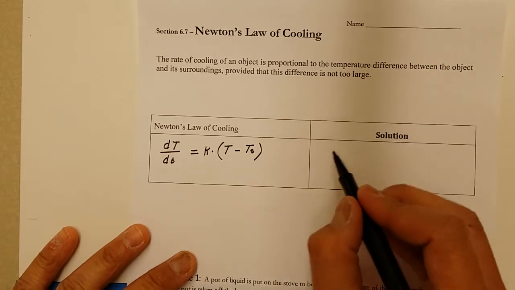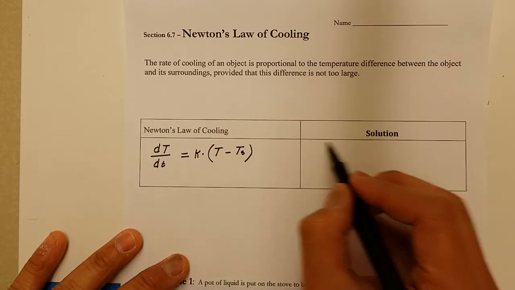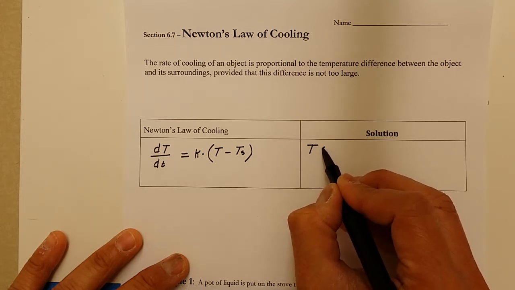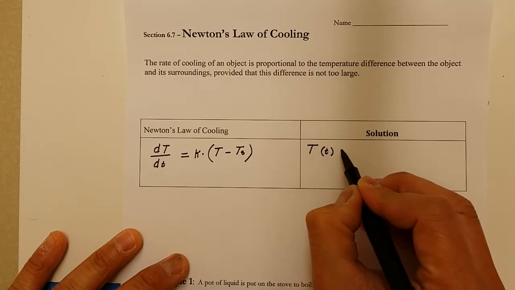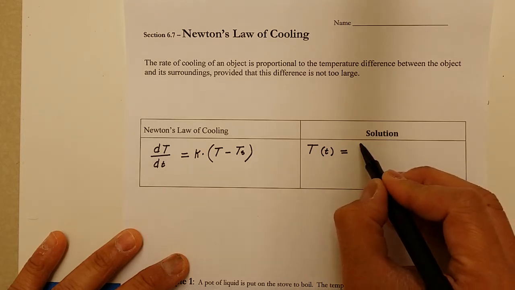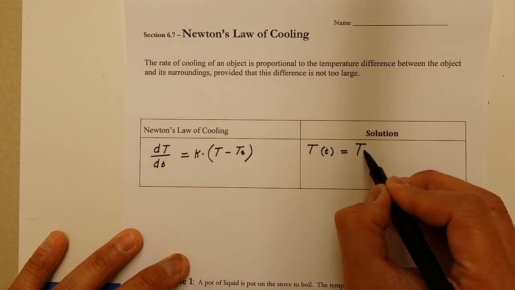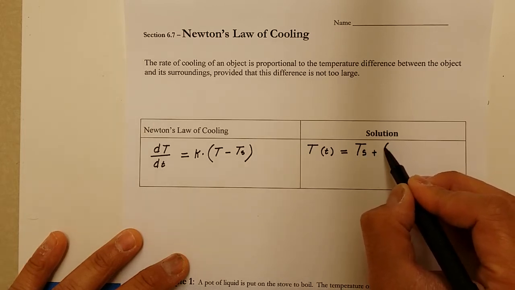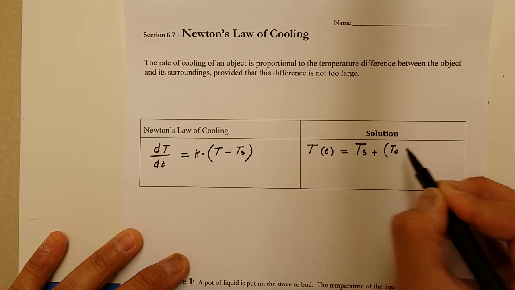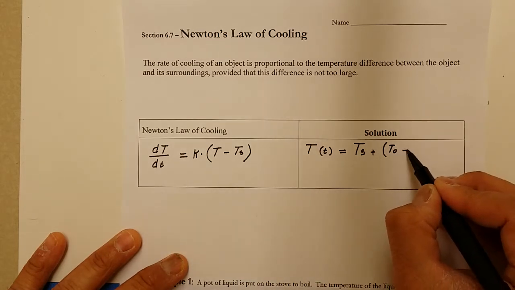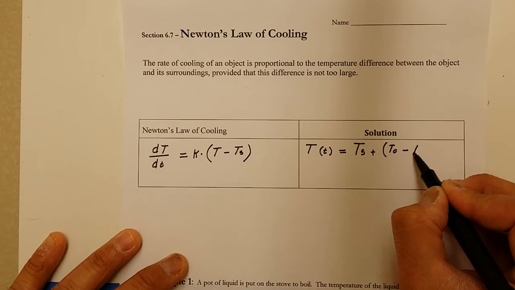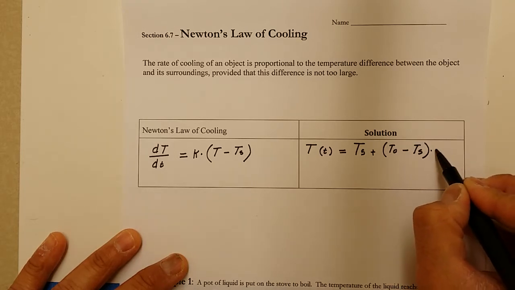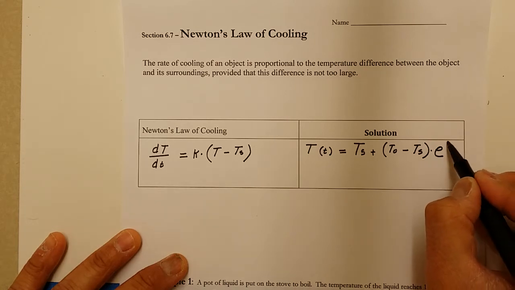And the solution, the current temperature at any time, can be found by taking the surrounding temperature plus the initial temperature minus the surrounding temperature again, all multiplied by e raised to the kt.